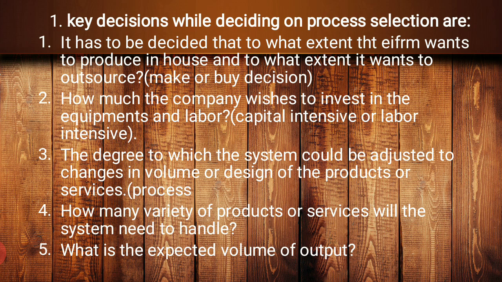The third question they need to answer is the degree to which the system could be adjusted to changes in the volume or design of the product. That means how much process flexibility they want, right? How much they want the process or system to adjust to the volume. Suppose initially my unit has a demand of 200 units at the end of the month.